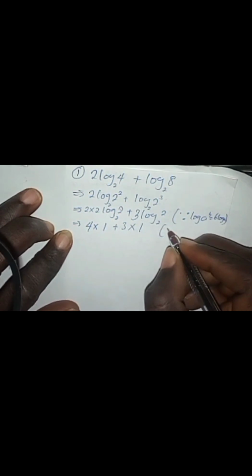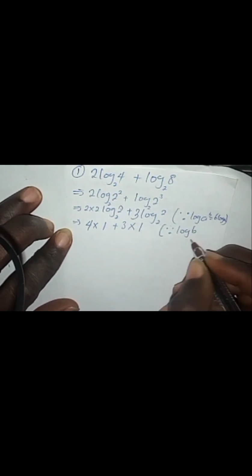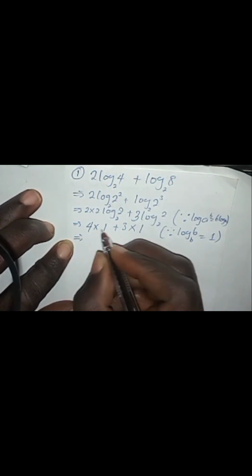Let's write the reason here: log of b base b, that is when the number and the base are the same, is the same thing as 1. This is our reason, which implies that 4 times 1 is 4 plus 3 times 1, which is 3. The final answer is 7.